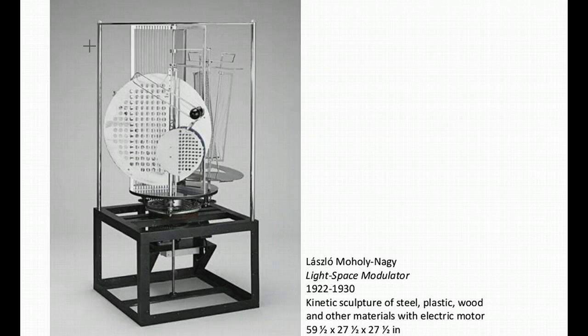Laszlo Moholy-Nagy, Light Space Modulator. This is, as the description says, a kinetic sculpture, meaning that it moves. And the idea with this object, it's a static object. It sits in the center of the room. The parts that it is made of operate and move in a very regimented way, but it's also accompanied by a very specific lighting arrangement.